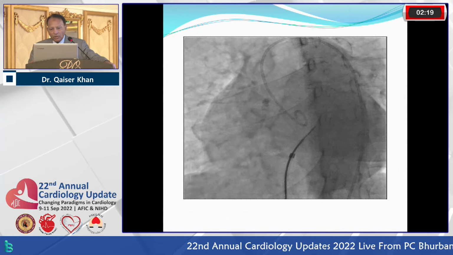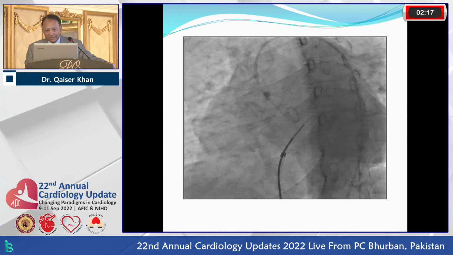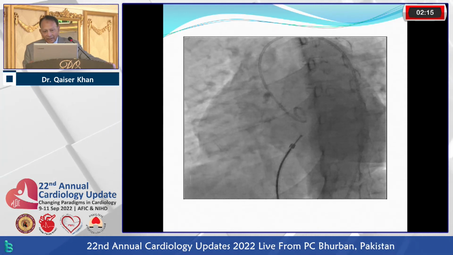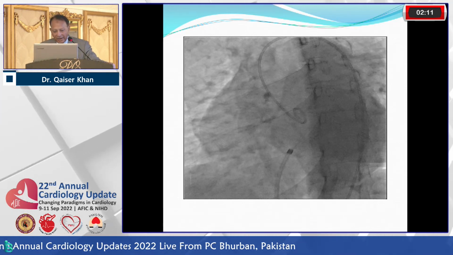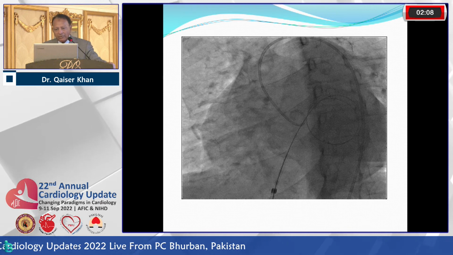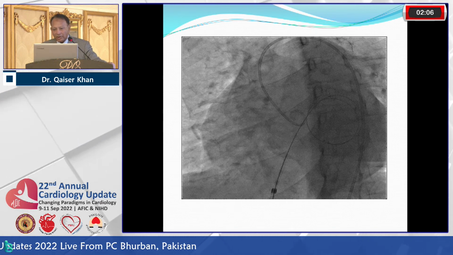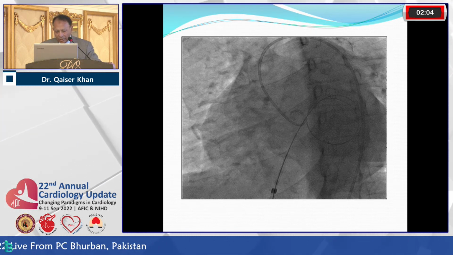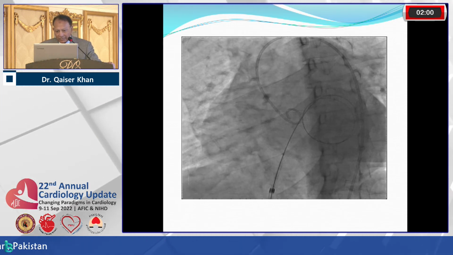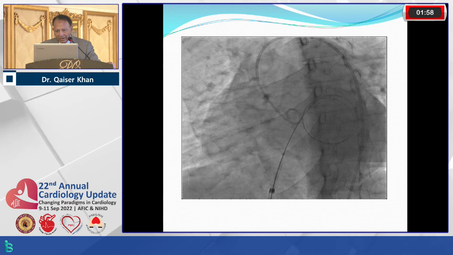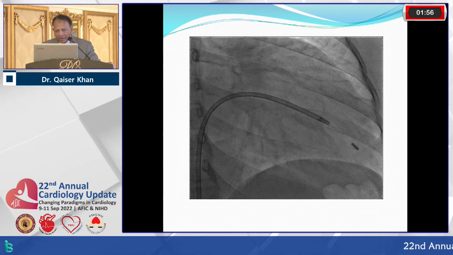So in LAO, when the spine is on the right side and the pigtail is on the left side, you are sure that your position is right and your wire is correct and you're doing absolutely all right. This is the wire. We are sure it's correct. Its folds are all right.